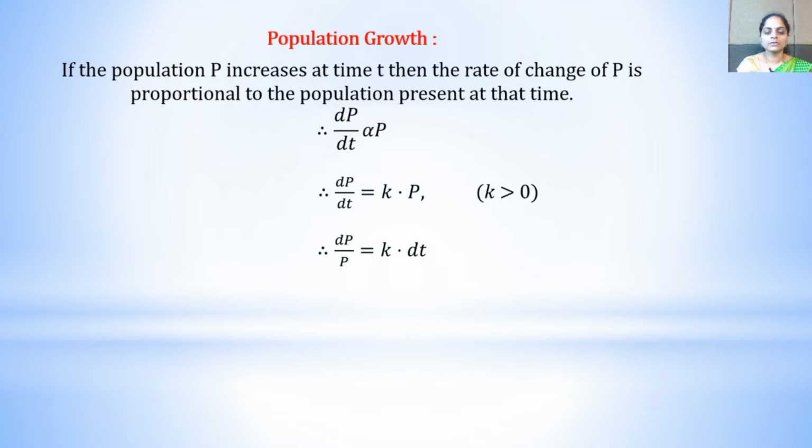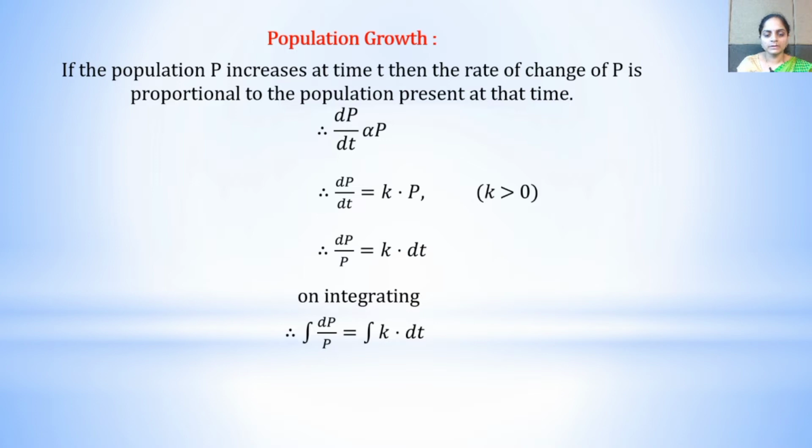To find the solution, we take the integration on both sides. On integrating, we get integration of dP by P is equal to integration of K into dt. We know that integration of 1 upon x dx is log of mod x and integration of 1 dx is equal to x.